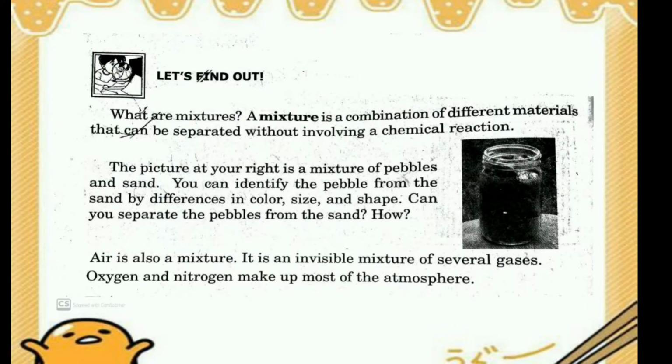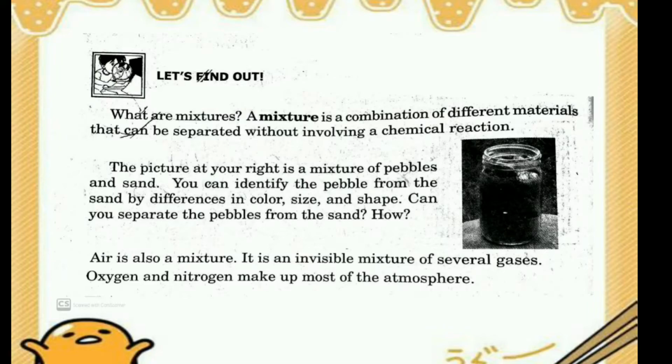So air is also a mixture. It is an invisible mixture of several gases. So yung air natin, isa siyang din example ng mixture. Meron tayong mga different gases, and of course may mga air and mga several gases na maaaring ma-inhale natin and ma-intake ng mga plants, animals, and other living things dito sa ating earth.